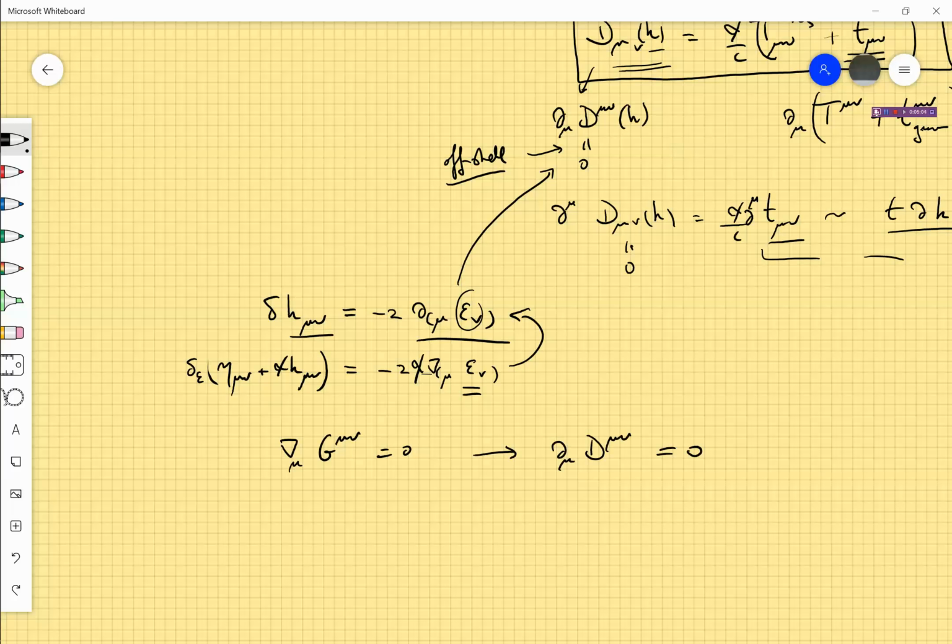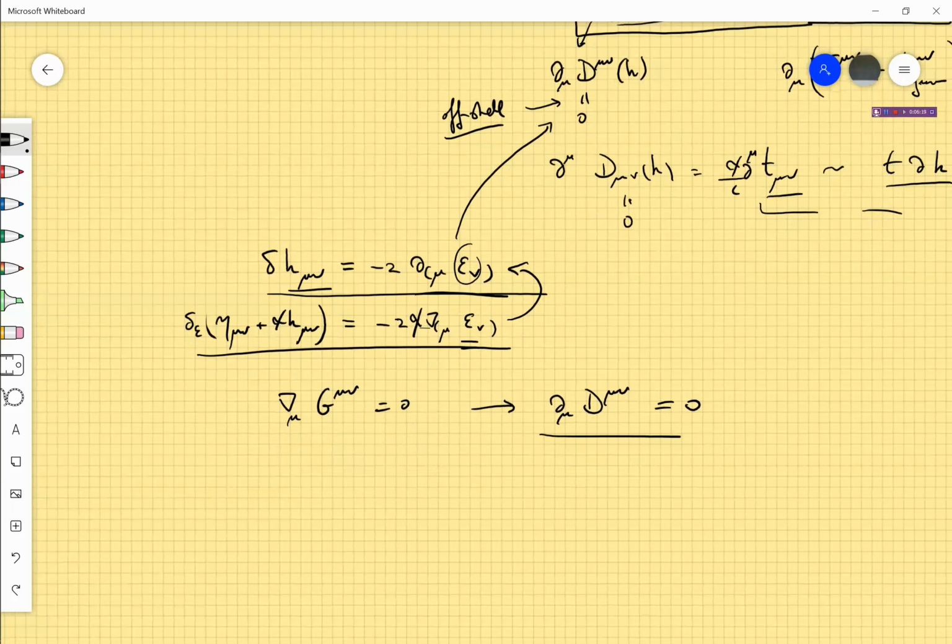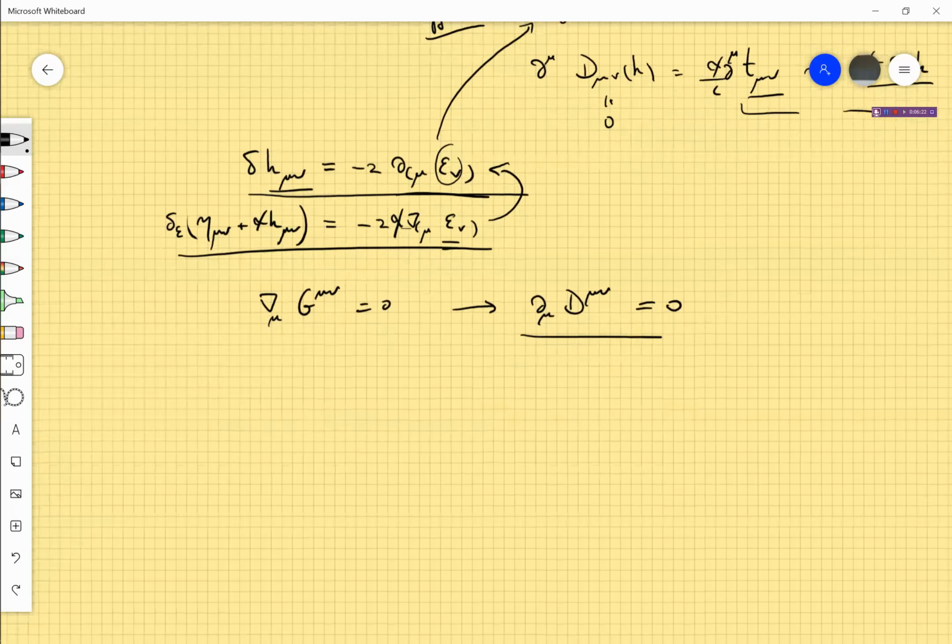This is due to general covariance. In the limit in which it becomes this simple transformation, you get this, which is also what you get in the same limit. So all these things fit.